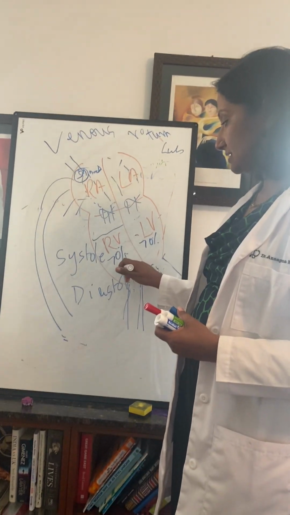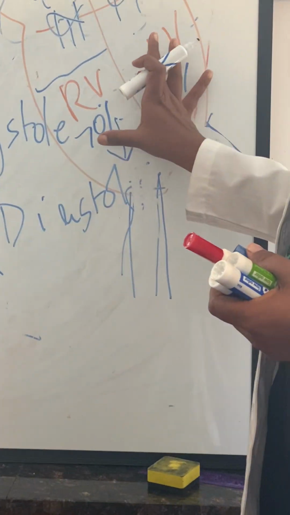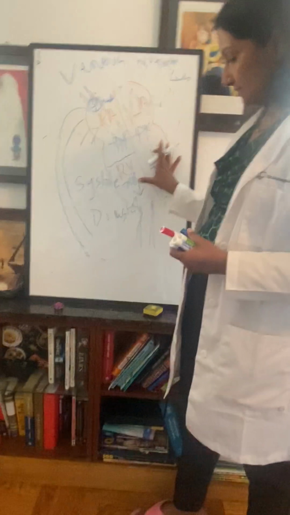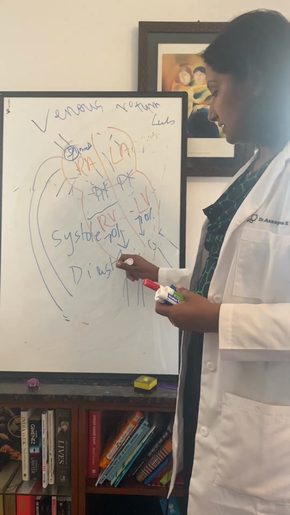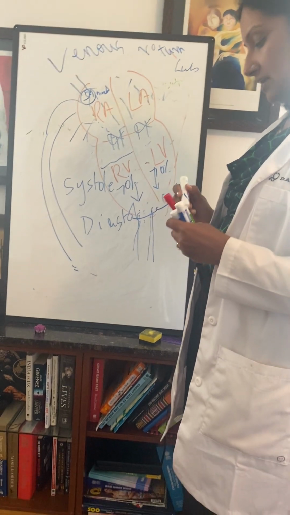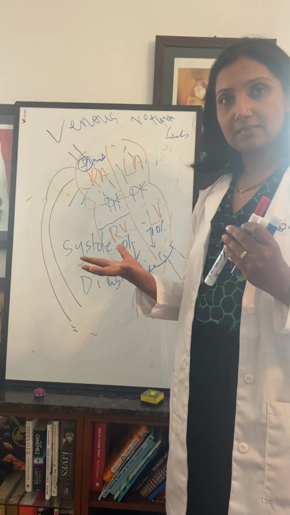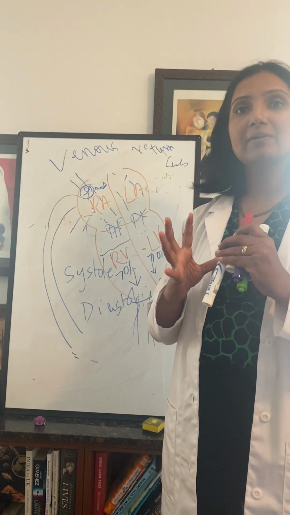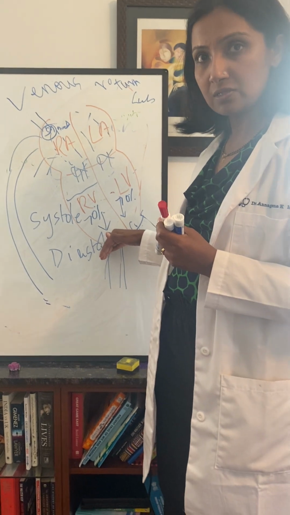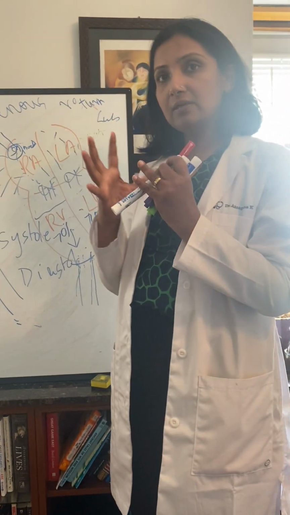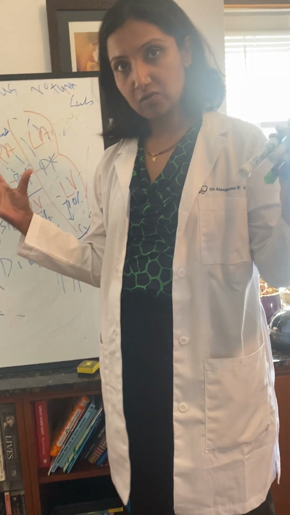Now what happens to the pressure when most of the blood has left the ventricles and passed through the pulmonary trunk and the aorta? The pressure inside the ventricle starts to drop. When the pressure in the ventricle becomes lower than the pressure in the pulmonary trunk and the aorta, these valves will close again. This time, instead of isovolumetric contraction, it is isovolumetric relaxation. Both the chambers are closed and the ventricles are relaxing, going into diastole.